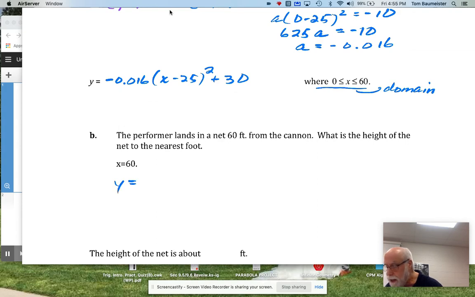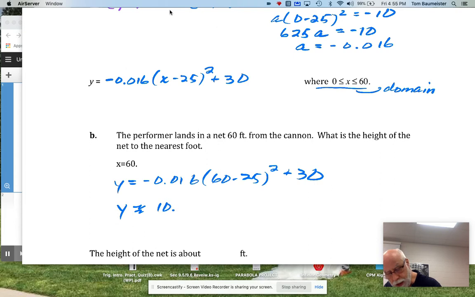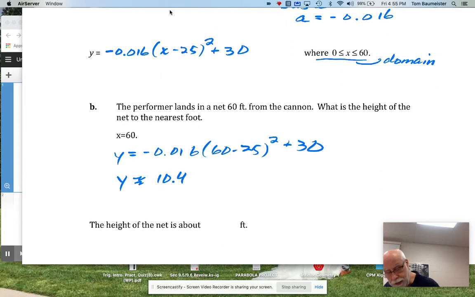So y equals negative 0.016 times (60 minus 25) squared plus 30. You can plug that in your calculator exactly the way you see it. You'll find that y is 10.4, so the height of the net is about 10 feet.